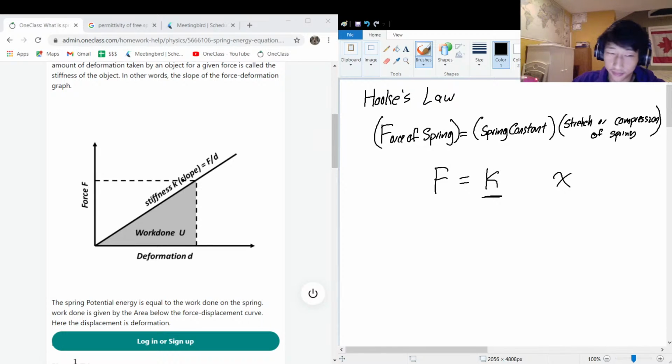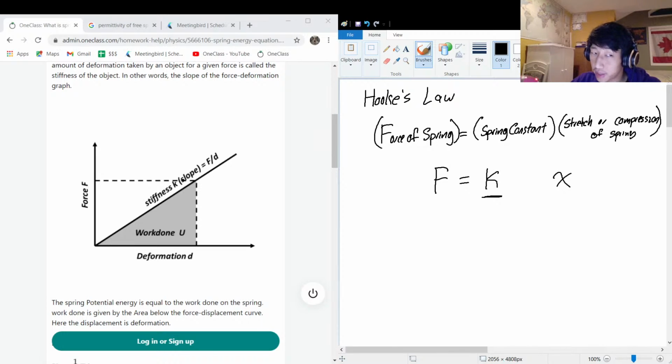Anyways, the work, okay, I guess work is related. When we apply a force to the spring, the amount of potential energy that is absorbed is proportional to the amount of work that we put into the spring. And the work is the area underneath the force-displacement curve. Now you see how it's a triangle?